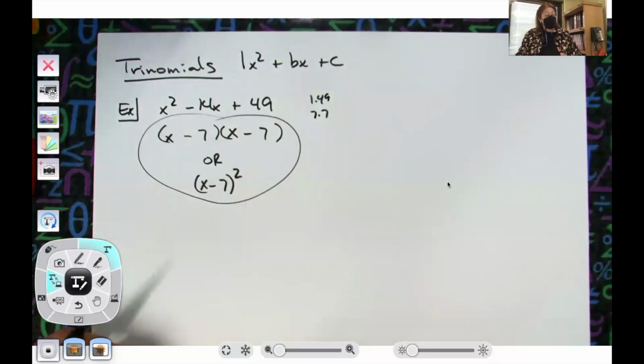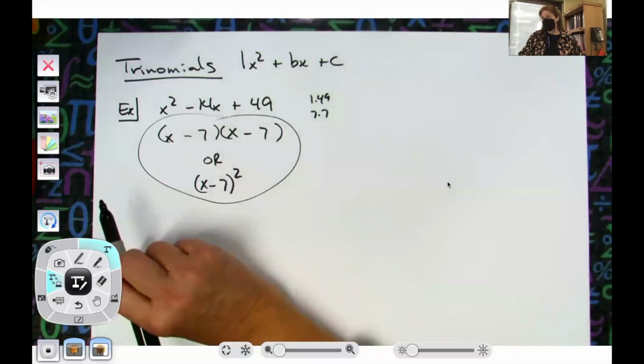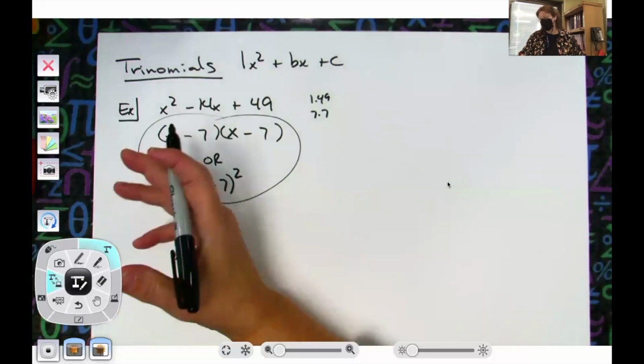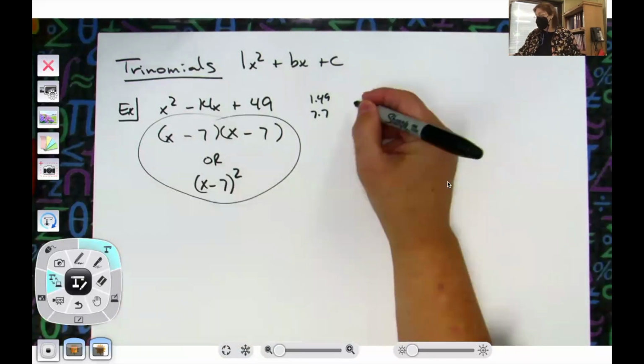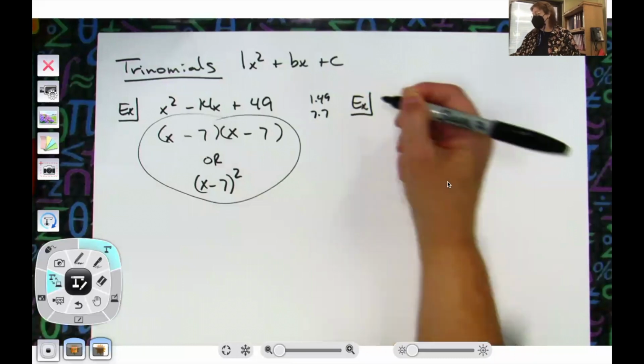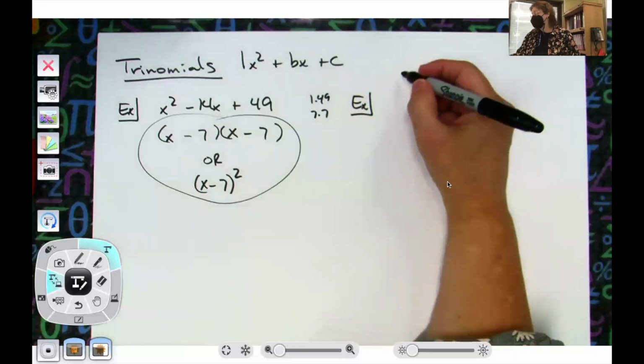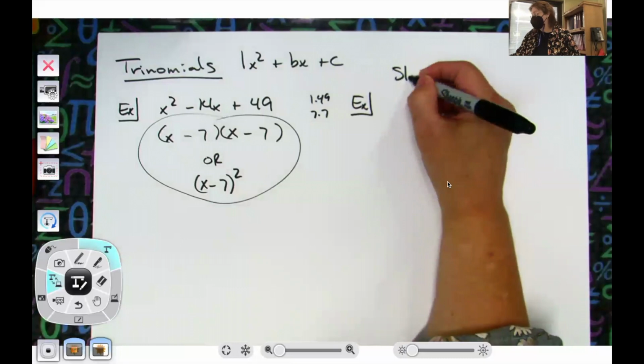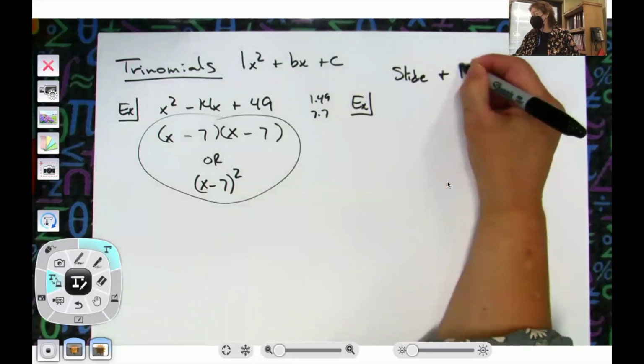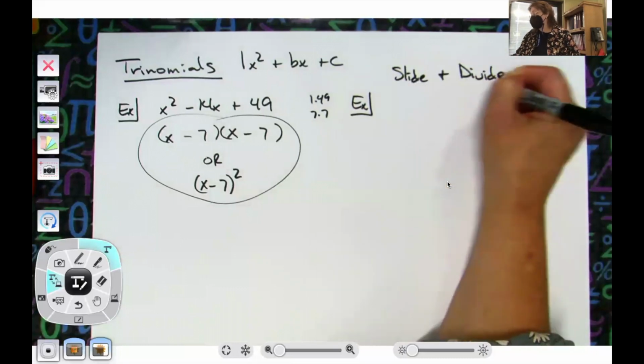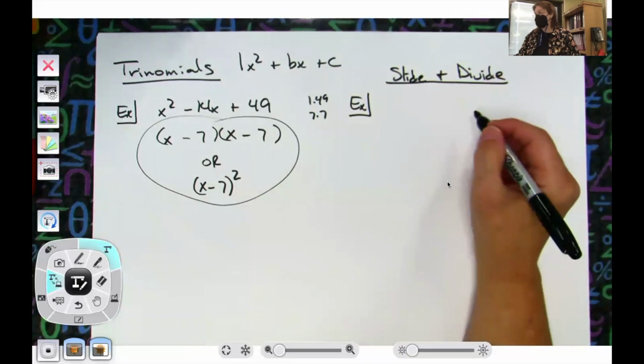Now, when it's not a leading coefficient of 1, you technically can guess and check that as well. However, I have in recent years switched to something called slide and divide. Did Mrs. Sanquinetta use slide and divide? Okay, good.